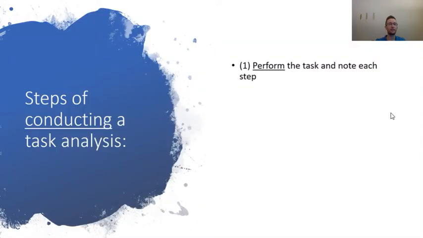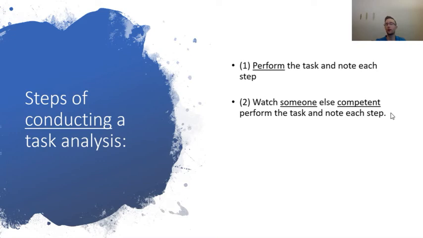So the steps of conducting a task analysis are: 1, to perform the task and note each step. Then you watch someone else competent perform the task and note each step. So you can have another student do the task, or a paraprofessional or a teacher or someone else. If you're in a clinical setting, you can have one of the line therapists perform the task, or you can ask a parent or a sibling to perform the task, and then you watch the learner attempt the task and note each step.